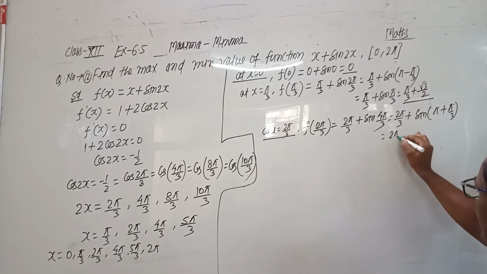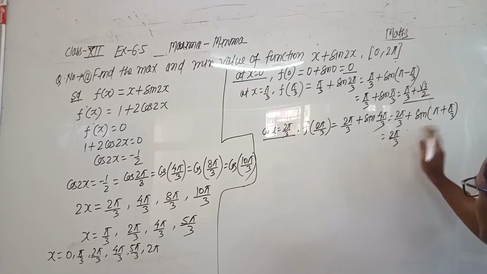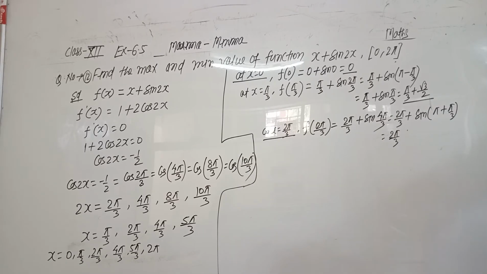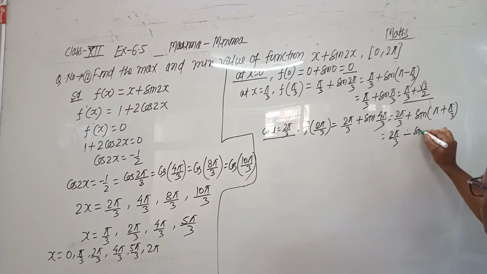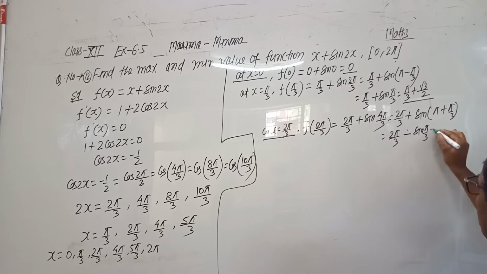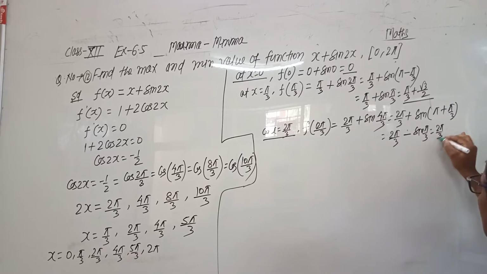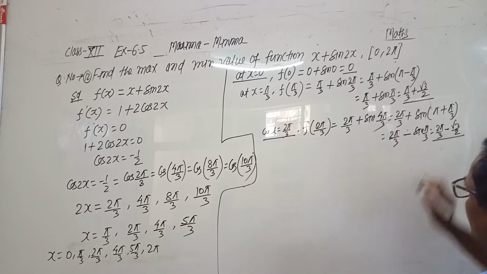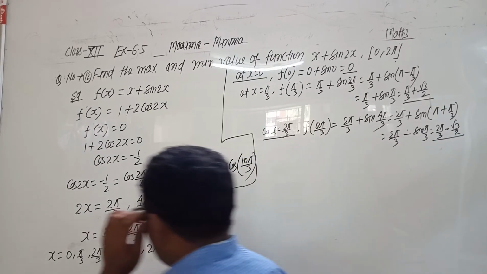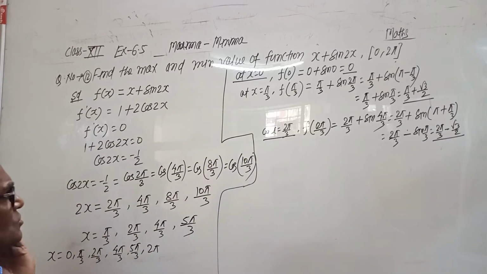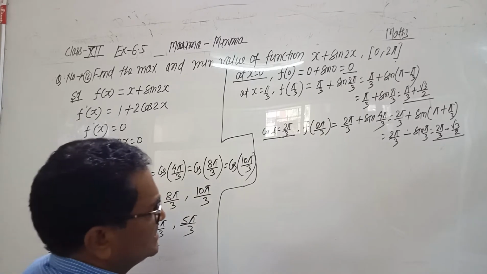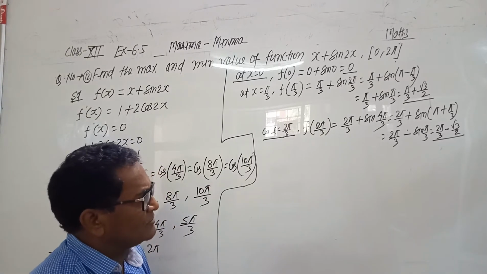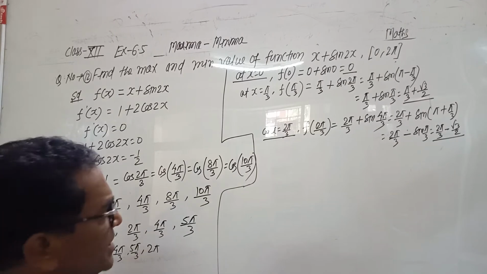Sine 180 plus theta is in the third quadrant, where sine is negative, so minus sine pi by 3. So it comes 2 pi by 3 minus sine 60 degrees, root 3 by 2. The third value we get at x equals 2 pi by 3 is 2 pi by 3 minus root 3 by 2.